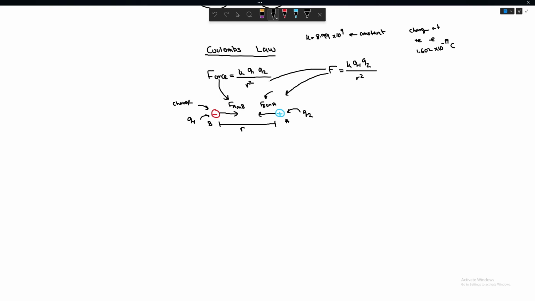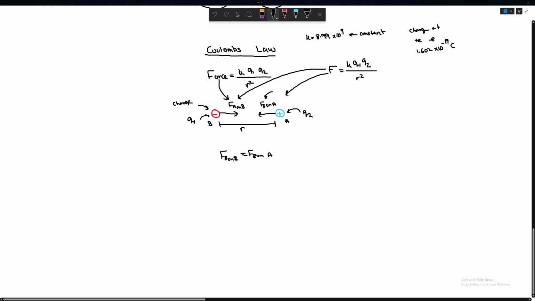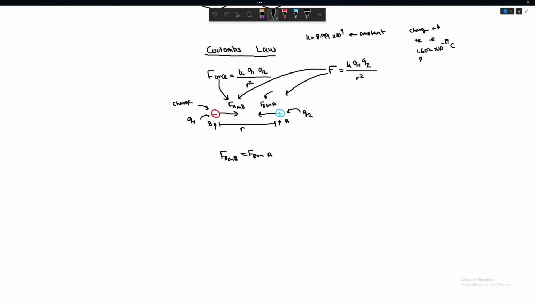Now you could do it on the other one, but since there's only two of them, these two forces are the same. Right? So force A on B equals force B on A. And you see here, since the charge is positive and negative, but also the charge for both of them is the same, that means the positive and negative only indicate direction.